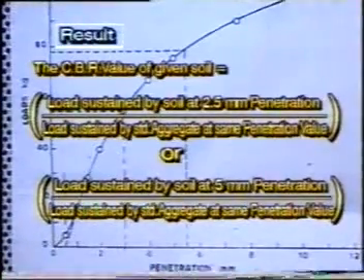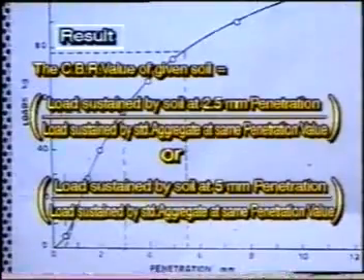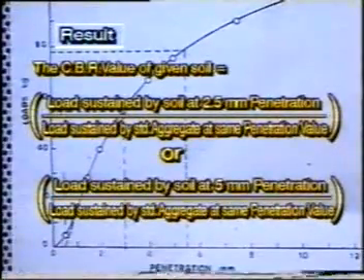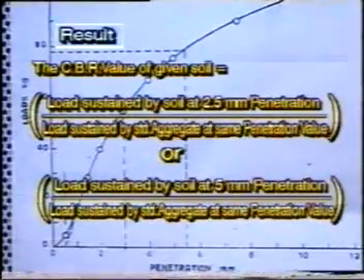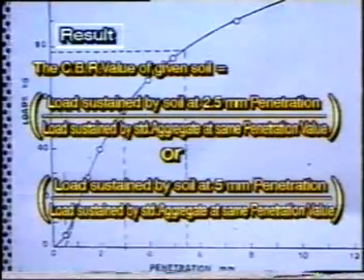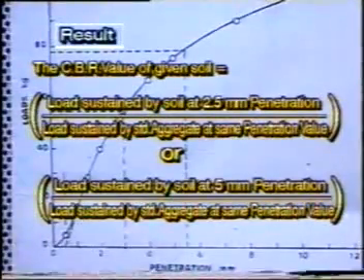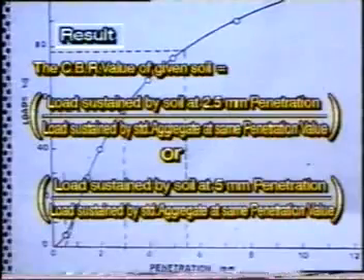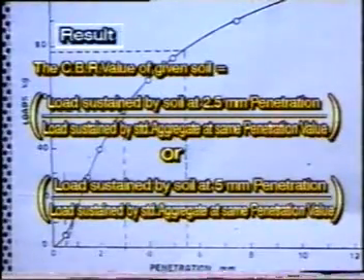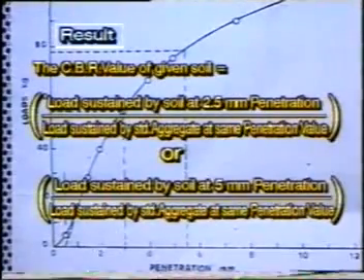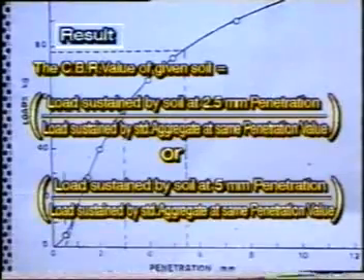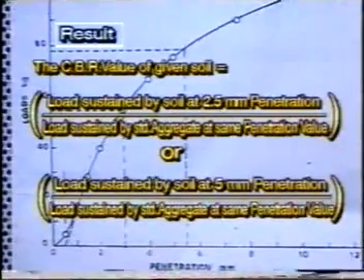Now report the CBR value of soil as the load sustained by the soil sample at 2.5 mm penetration divided by the load value of the standard aggregate at the 2.5 mm penetration, or load sustained by the soil sample at 5 mm penetration divided by the load sustained by the standard aggregate at the 5 mm penetration. CBR value usually adopted is the CBR value at 2.5 mm penetration.